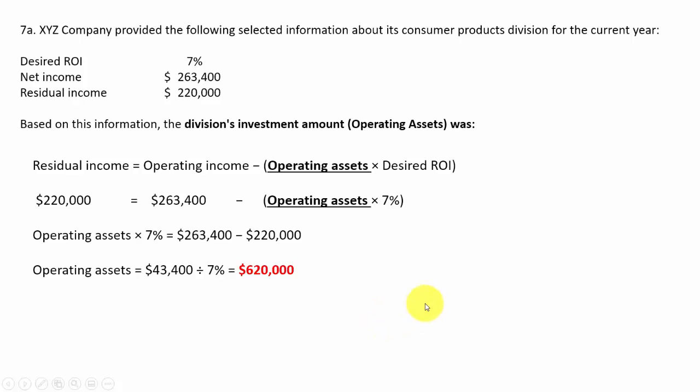You can check yourself by saying, okay, if we take $620,000 and put it in right here, $620,000 times 7% is going to equal our 43.4, and back in the original equation it was 220 on this side, it's got to be 220 on both sides. So if this residual income is 220, then 263.4 minus 43.4 will give us 220.